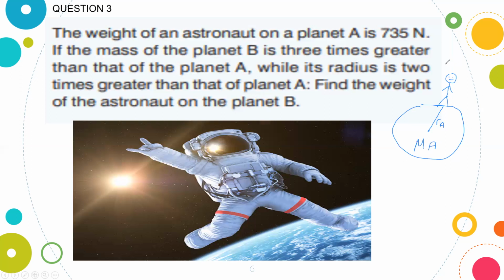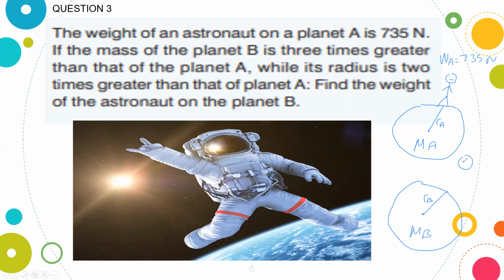What else do we know? The weight of the astronaut, WA equals 735 newtons. And he's going to planet B, where RB is the radius and MB is the mass.